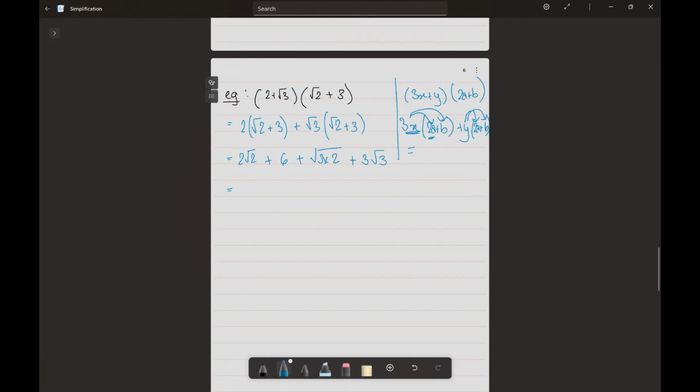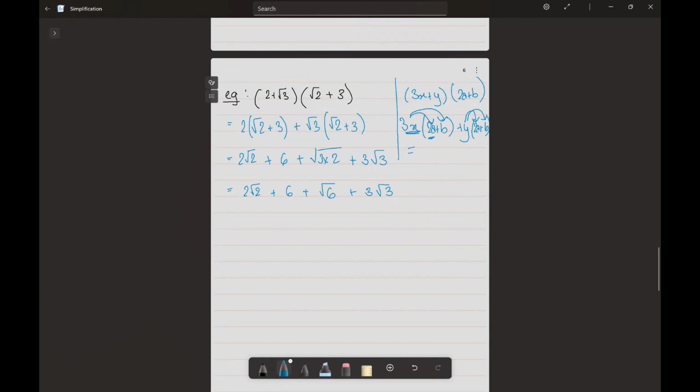Now, we have 2 root 2 plus 6 plus 2 3s are 6, which gives us root over 6 plus 3 root over 3. Now, root 2, root 6, root 3, all of these are different types of roots. They are not the same type.